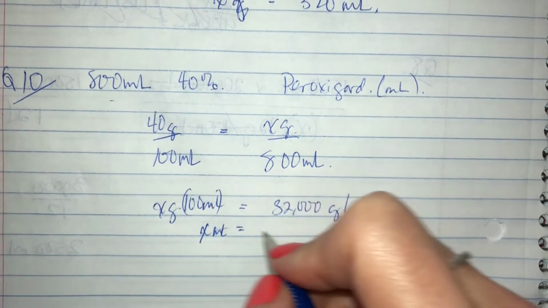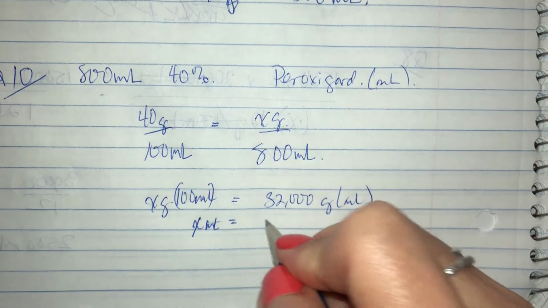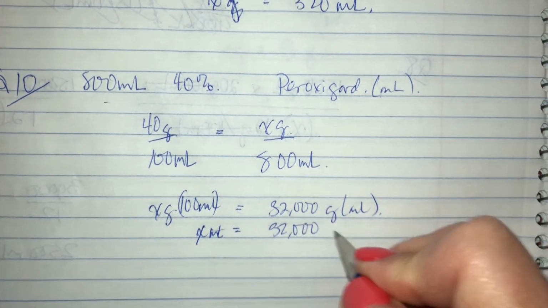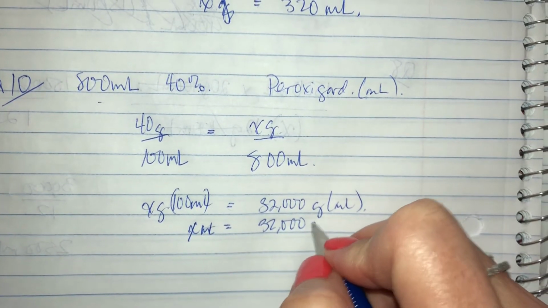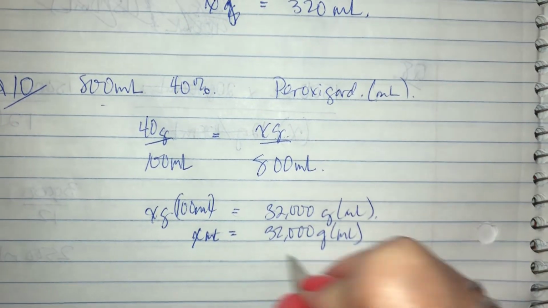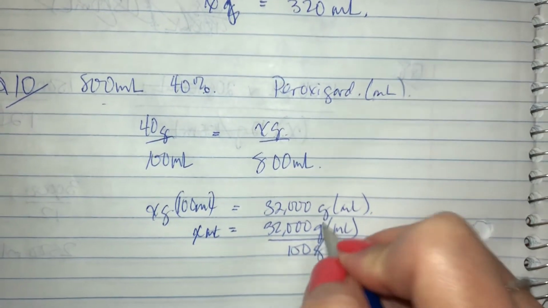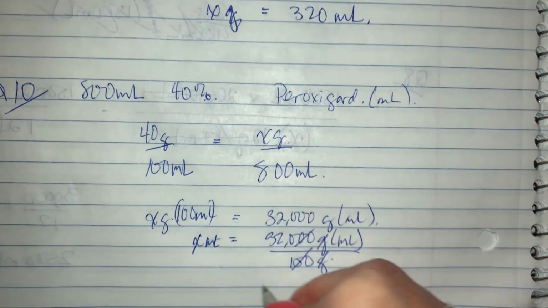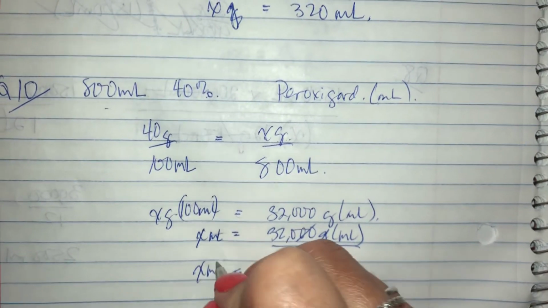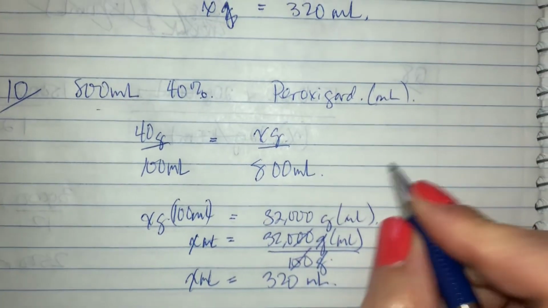I could even leave the mil on this side if I want to, and then I'm going to say 32,000 because I know I need mils at the end. 32,000 g mil by 100 g. Take those out, right? 100. My unknown will be 320 ml of Peroxygard.